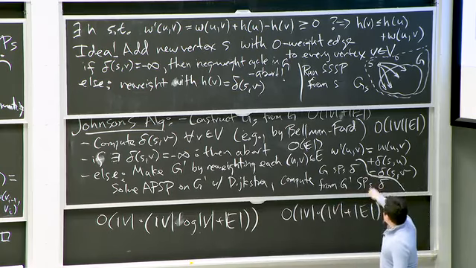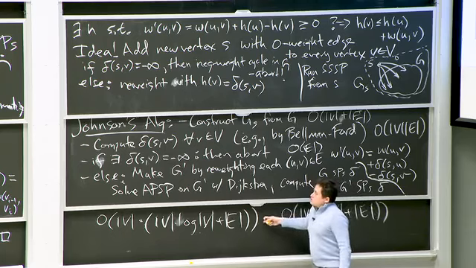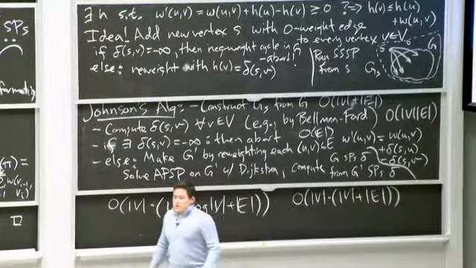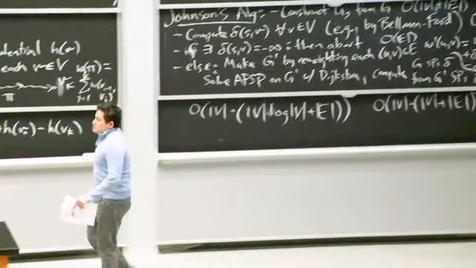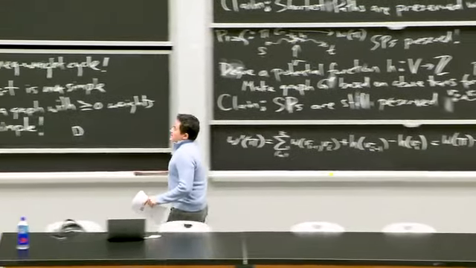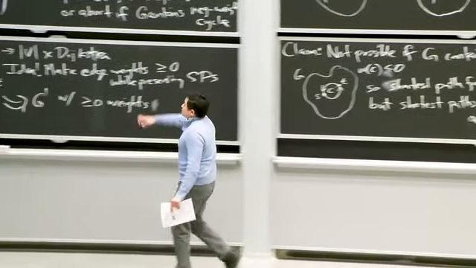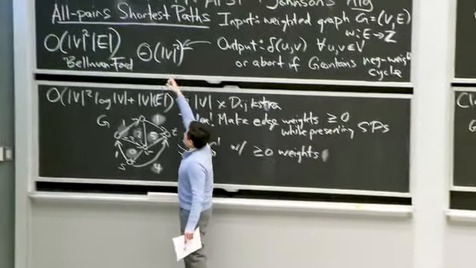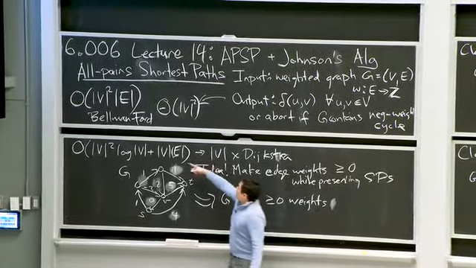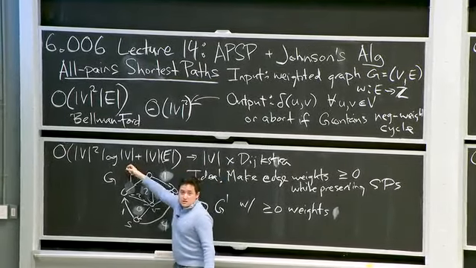And so summing up all of these running times, this one dominates, and so Johnson's can solve signed weighted all pairs shortest paths, not in V times Bellman-Ford like we had before, up here, but faster, in nearly linear time for sparse graphs, just without this log factor.